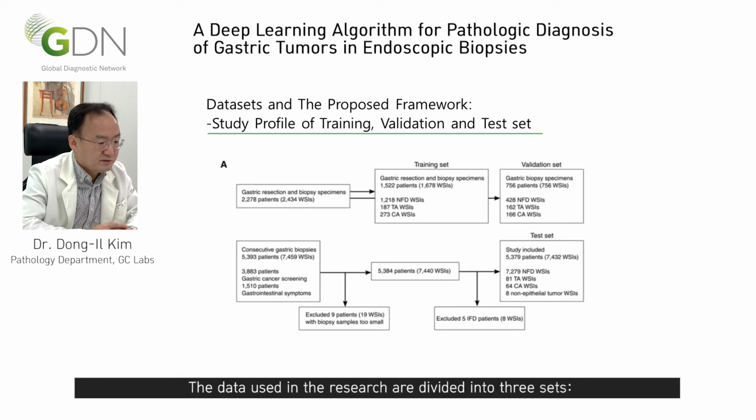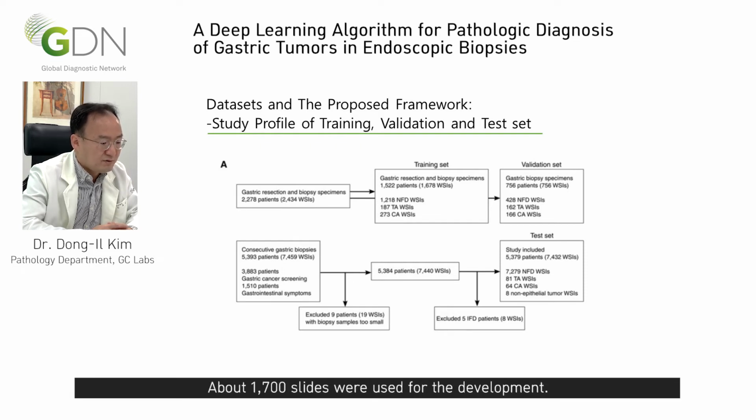The data used in the research are divided into three sets. The training set, which was used for the development of the algorithm, the validation set for the retrospective analysis of the algorithm, and the test set for the prospective evaluation of the algorithm.